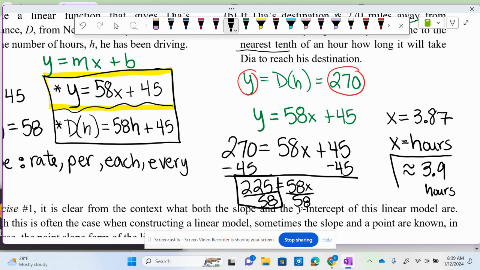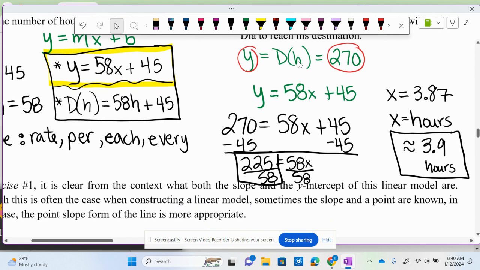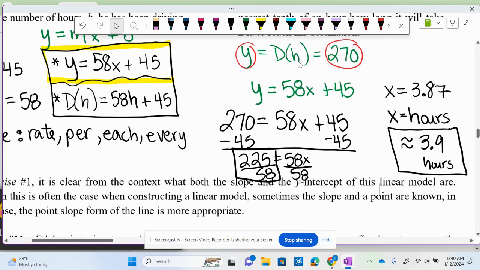It would take us about 3.9 hours to drive 270 miles at a constant rate of 58 miles per hour. Okay. Are we good with that? Okay, I'm going to leave that there for a second.